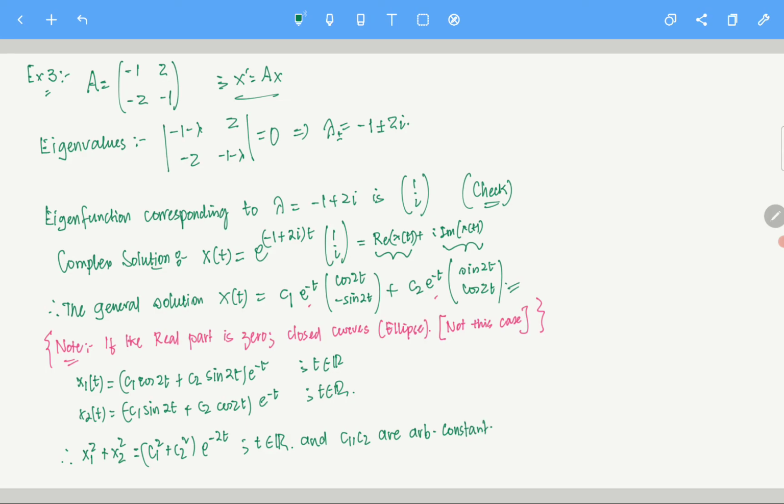Now I need to know what it looks like. It looks very much like a circle, but e power minus t is there. If you forget about e power minus t, for different values of c1 and c2 this will look like a circle, a kind of closed curve, right? But you see what e power minus t is doing: as t moves towards infinity, it goes towards 0. So for every t it is coming nearer and nearer to 0. Let's just draw the phase portrait here.